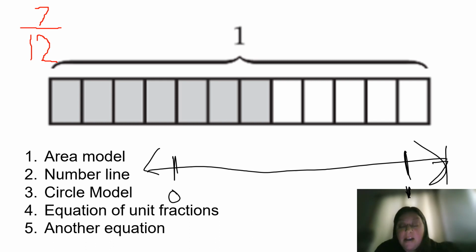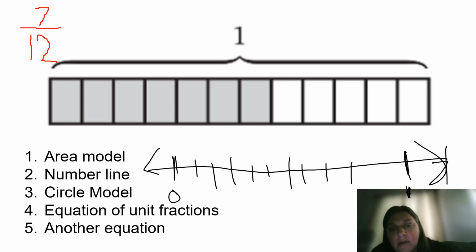And now we know we need to cut it and partition it into 12 pieces because the denominator is 12. So again, I'm going to cut mine into halves and fourths, and then 1, 2. And then we could label them. We know that's 1/12, 2/12, and mine's going to get messy.